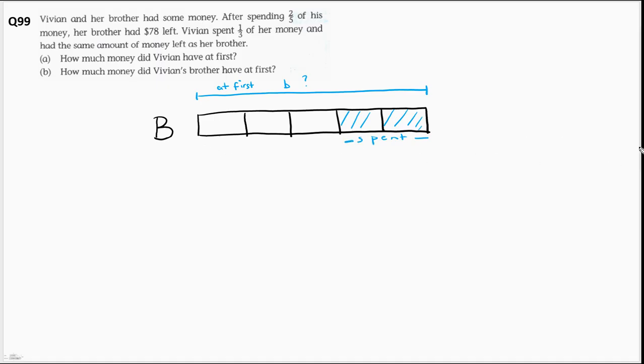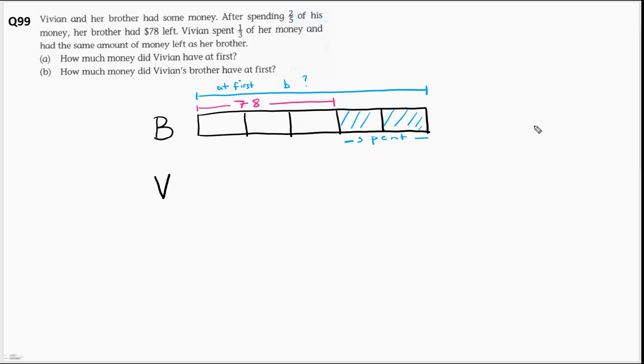So what about Vivian? Actually, we have some more information left here. After spending 2/5 of his money, her brother had $78 left. That could be really helpful because we are given an amount here. So this is 78. That's how much is left.